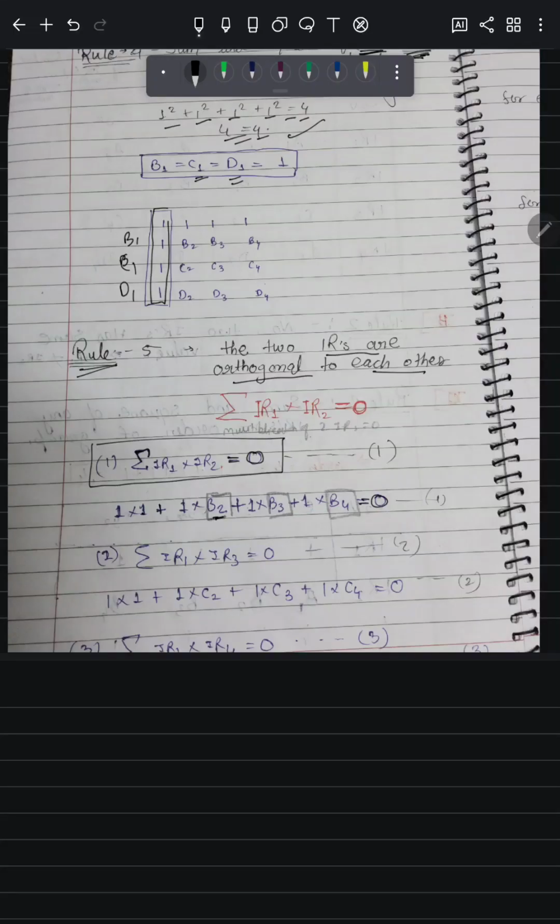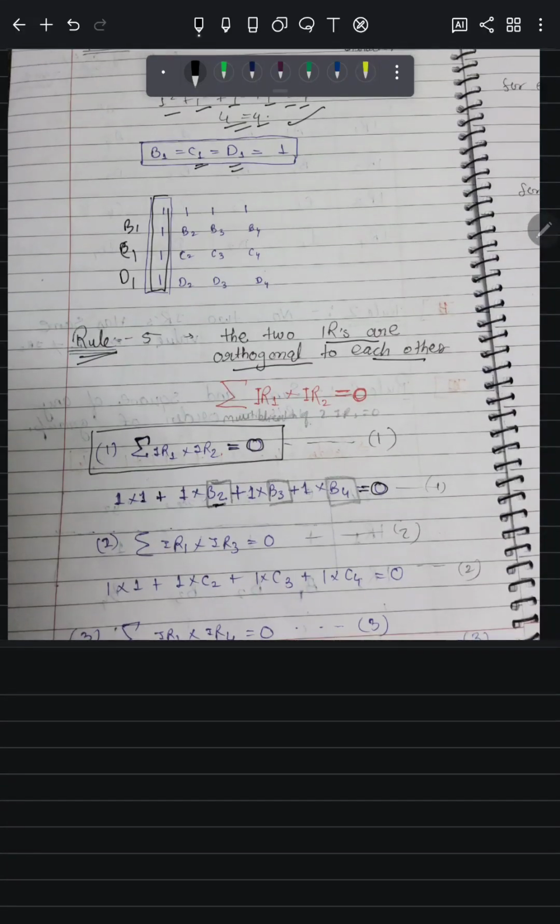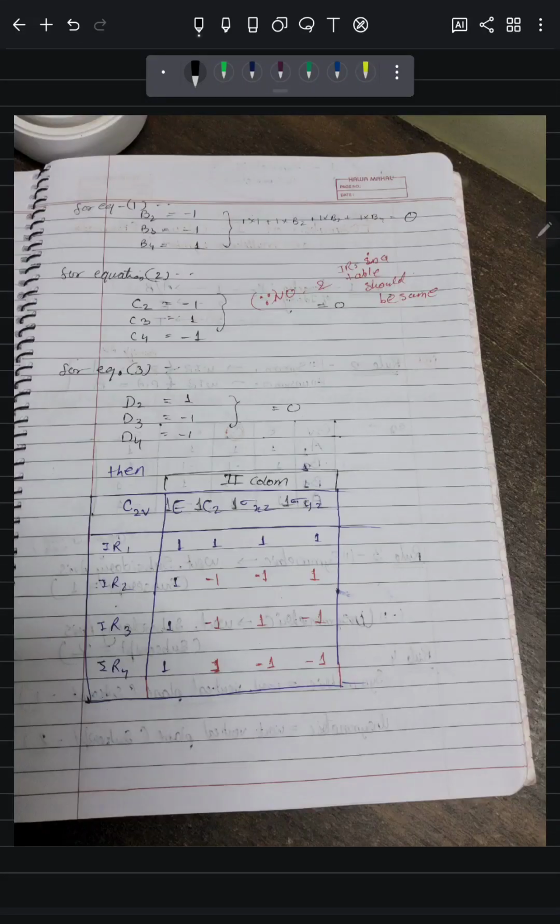This is the third. So we can apply this on all the IR1s and IR3s. So by taking all the previous rules into account, we will get these values for b1, b3 and b4, and the same can be applied for this and this. So the character table's second column will be completed now.